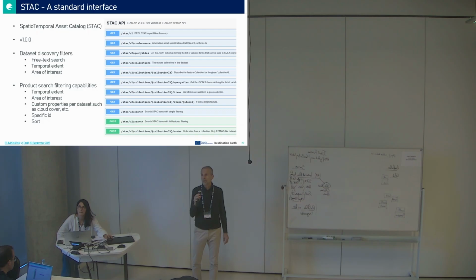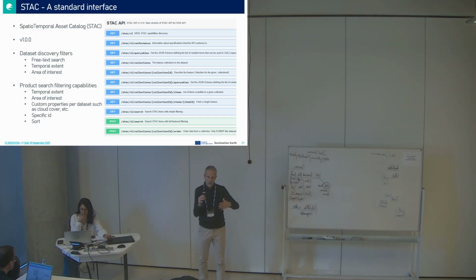What we call collections is a high-level description of a data set. So for example, let's say the Sentinel OLCI instrument, all the data from that one can be called one collection, and then in the collection you have individual items or assets to access.